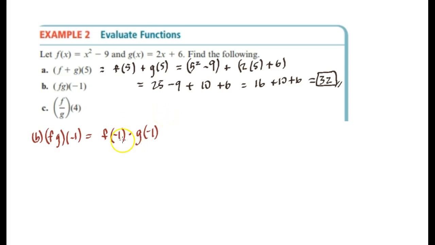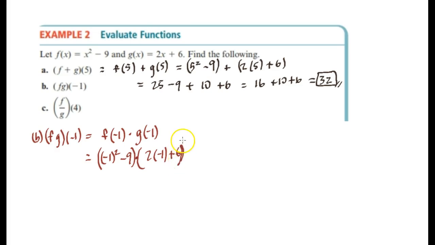Again, in the previous slide, it shows this breakdown for the first step using x, but we have negative 1 here. Now we can substitute negative 1 into each individual function, and that gives us negative 1 squared minus 9. As I mentioned before, you need the parentheses here, and I'll explain that in a moment. G of negative 1, we plug in negative 1, we have 2 times negative 1 plus 6.